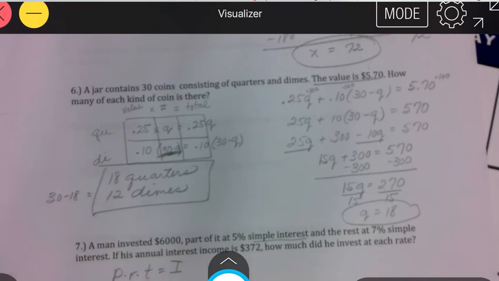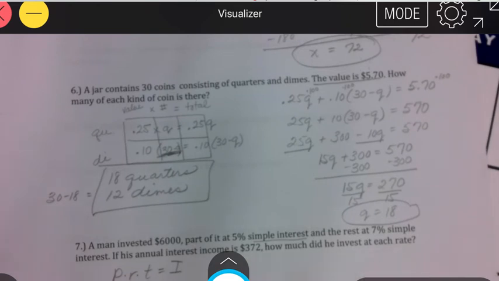So we really don't have to worry too much about the time element. But the problem says a man invested $6,000, part of it at 5% simple interest and the rest at 7% simple interest. If his annual interest income is $372, how much did he invest at each rate?